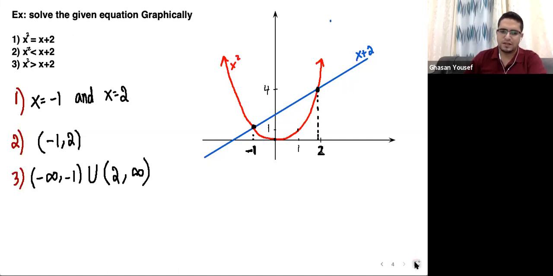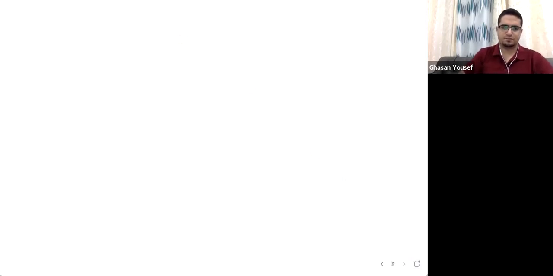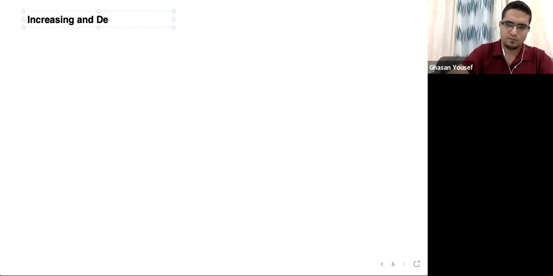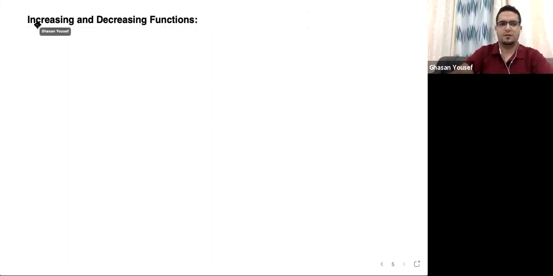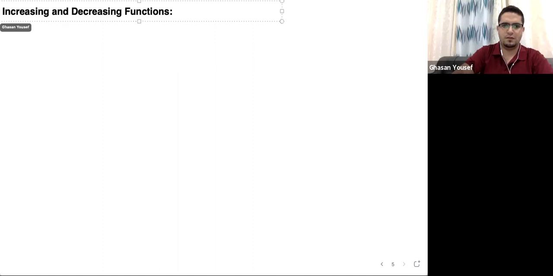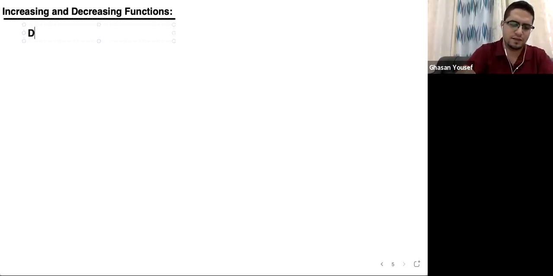A part of this section is talking about increasing and decreasing functions. Okay, I'm going to give you the definition directly, then I'm going to explain and give examples. Definition.